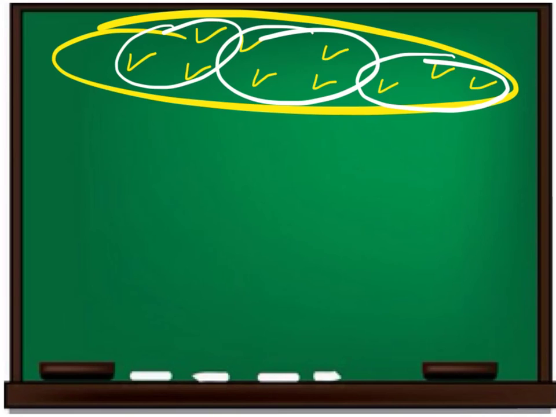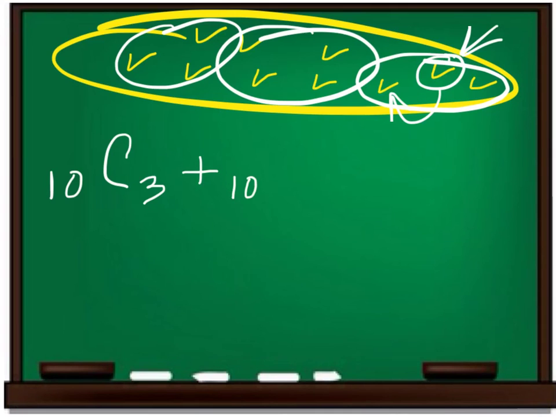That would be a combination problem. Combination means that order is not important. In other words, in this subset here, this could be there or it could be here. It's still in that set. So it's a combination problem. So you have 10 elements and you're going to choose 3. But then you also have 10 elements and you're going to choose 4. So we use the addition rule there to figure out how many possibilities there are.